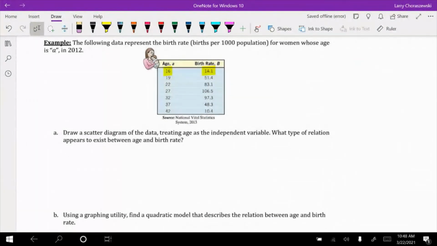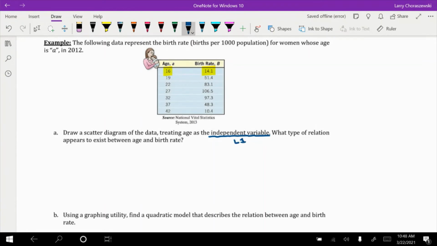In part A, they want us to draw a scatter diagram of the data where they want age to serve as the independent variable, which means that the birth rate is going to be the dependent variable. One thing to always keep in mind is that the independent variable is going to go into what's called a list, and there are going to be two lists that we work with.